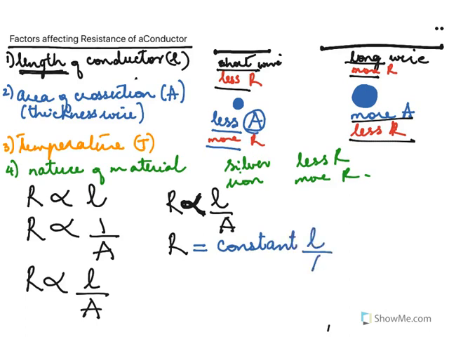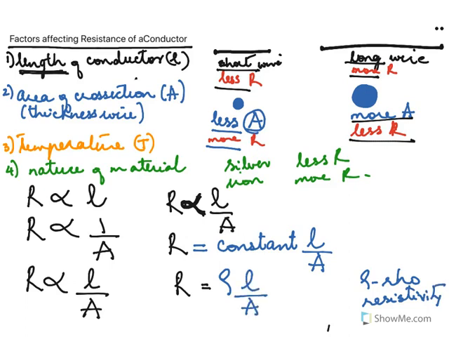L over A, where L is the length and A is the area of cross section. Now this constant has a special name. It is called rho, or resistivity. It's a Greek letter, and we pronounce it as rho. It is called resistivity.